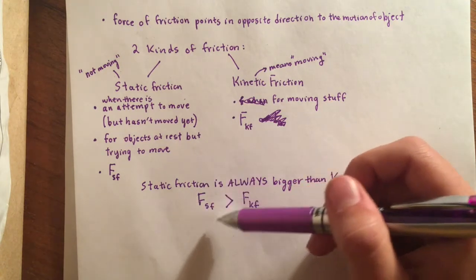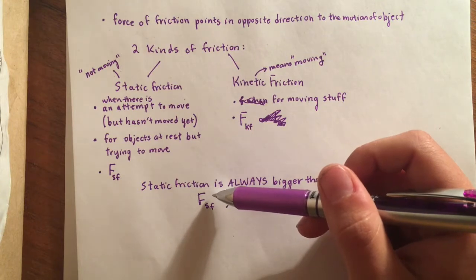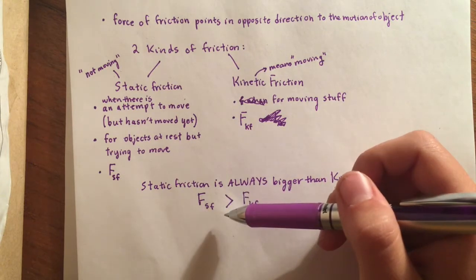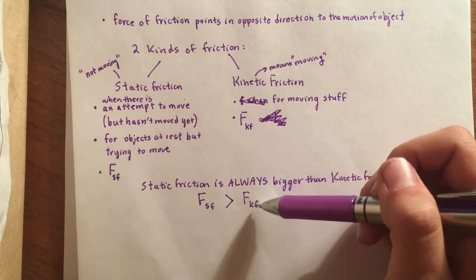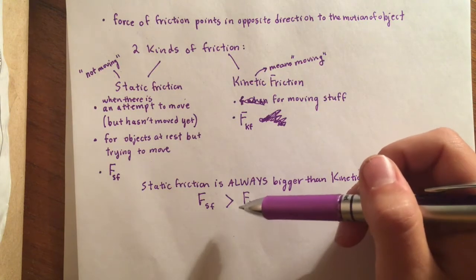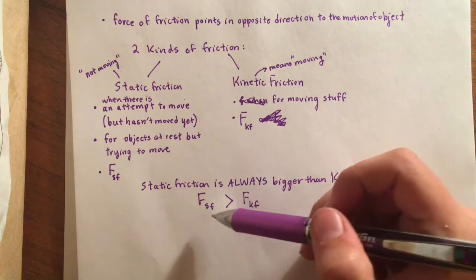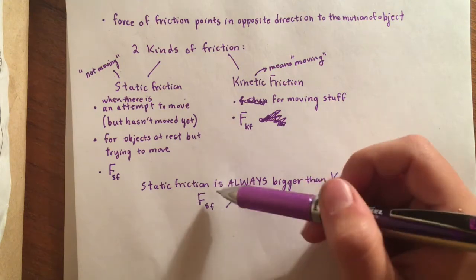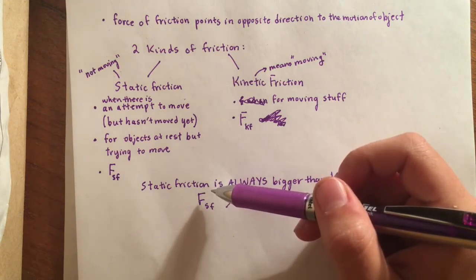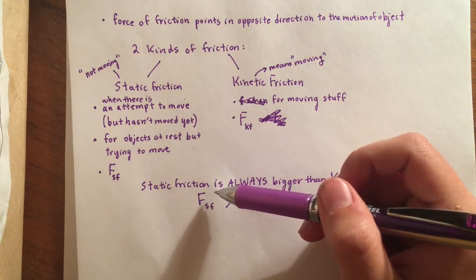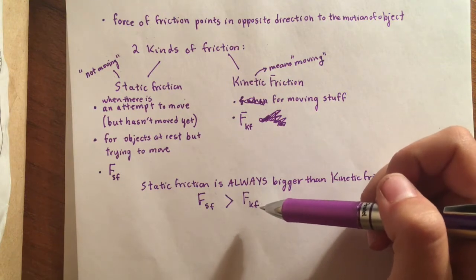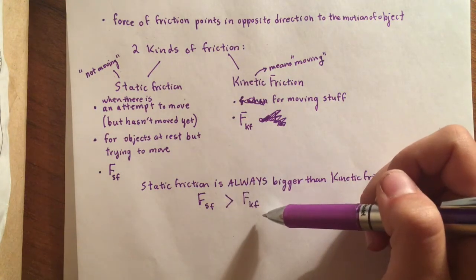And the maximum static friction force is always greater than the force of kinetic friction that the object will feel once it starts moving. So what this is saying is that friction is stronger when an object is trying to move, and then once it actually gets moving, the force of friction decreases.